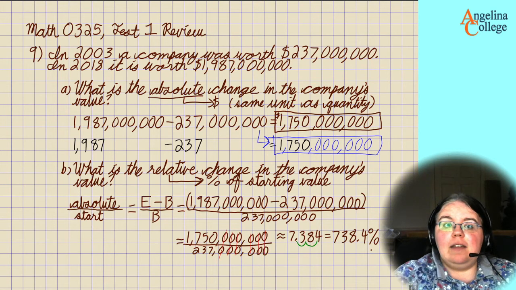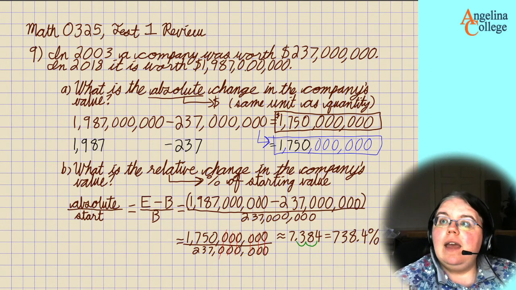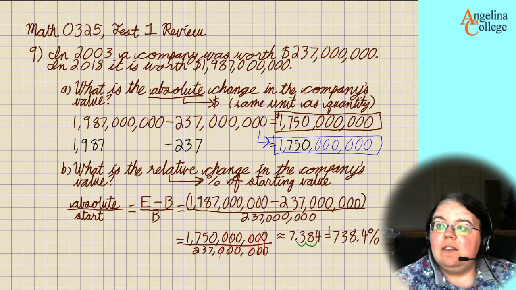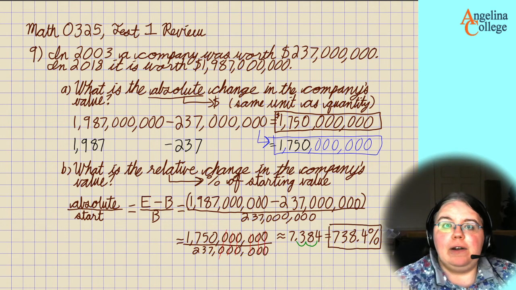If something doubles, that's going to be 100% growth. If something more than doubles, that's more than 100% growth. And I see that this company has grown in value to way more than double of what it started as. So even though it looks strange if you were expecting a part out of whole relationship, I think this is right because of what kind of a problem we're doing here.